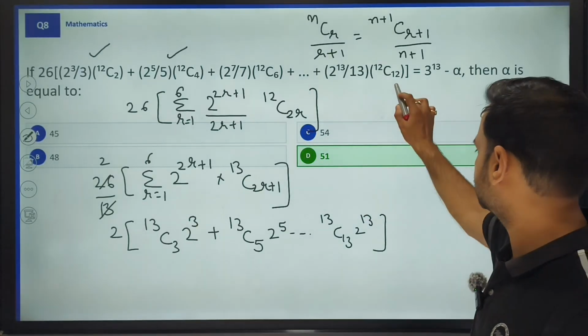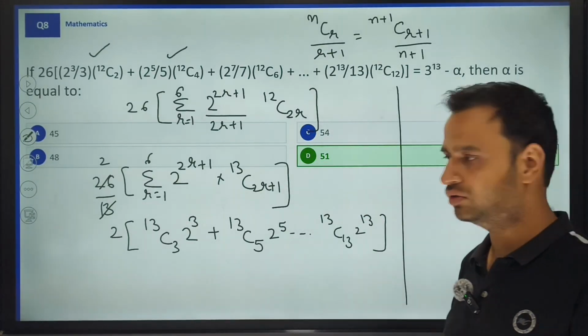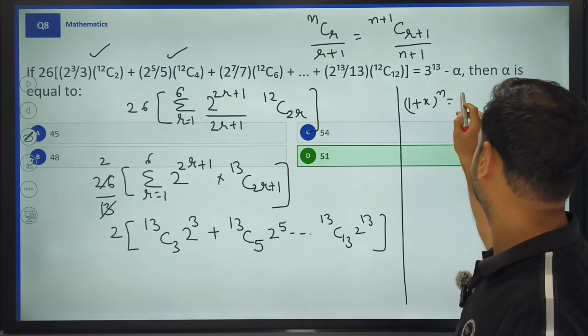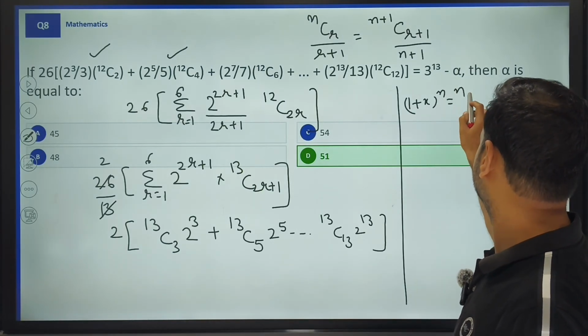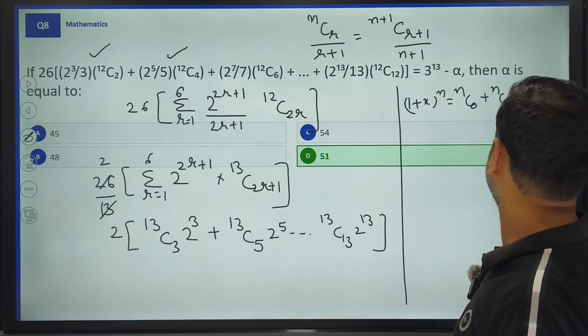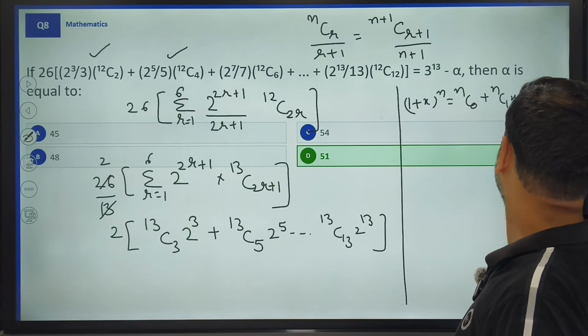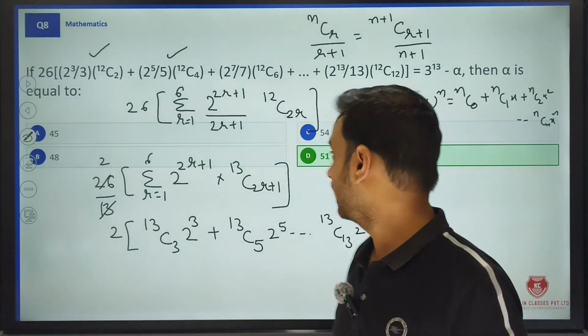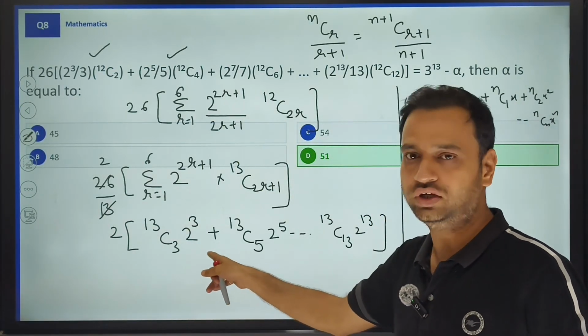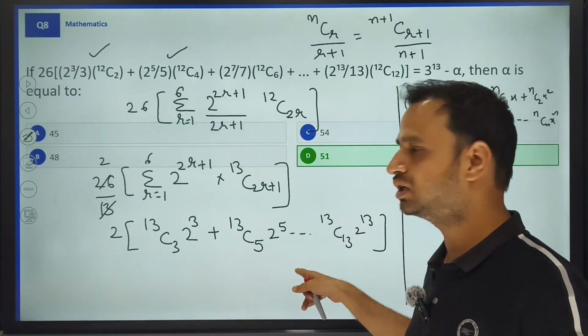And we have seen earlier, I will give a little bit of a clue, that (1 plus x) power n comes out to be nC0 plus nC1 x plus nC2 x square up to nCn x power n. And when we solve, you see that we are missing the even terms here.